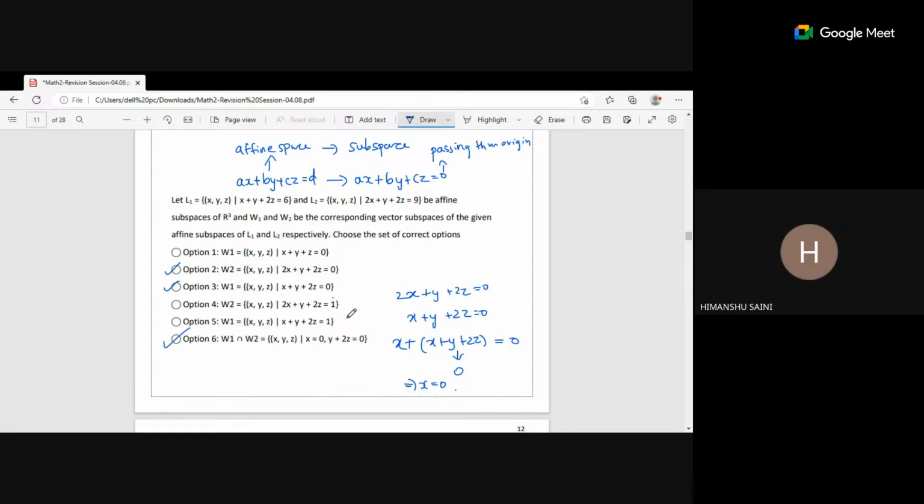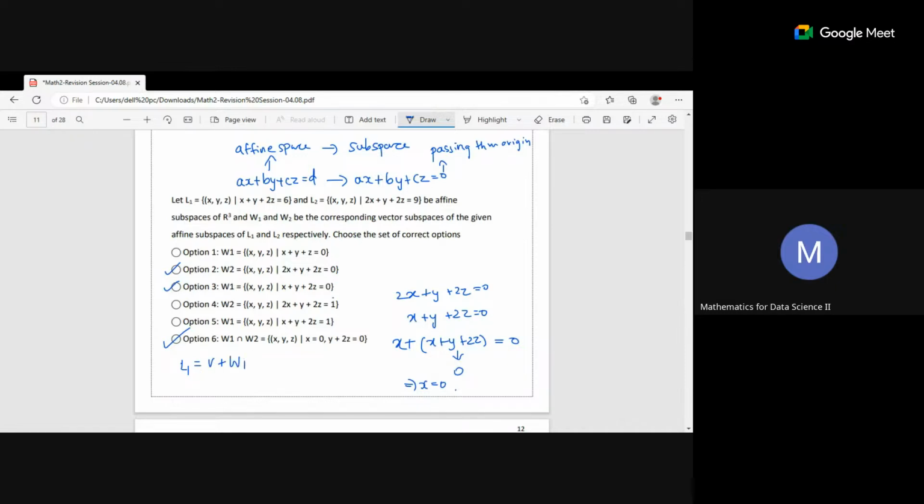Oh, okay. Okay, ma'am. How will you add any vector to this subspace? The addition of the vectors is already defined to you, right? So here L1 is some vector v plus a vector from this W1.